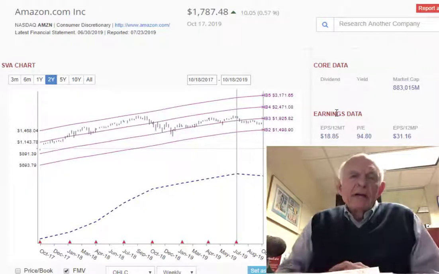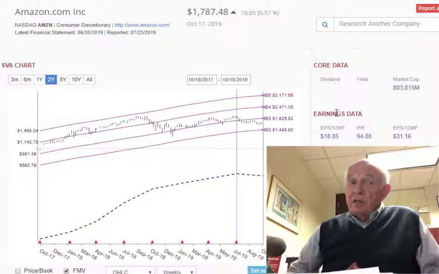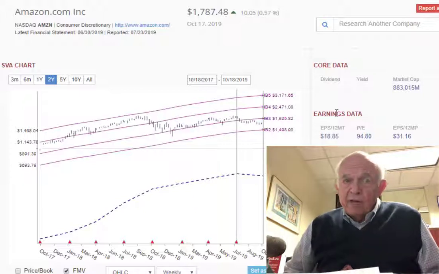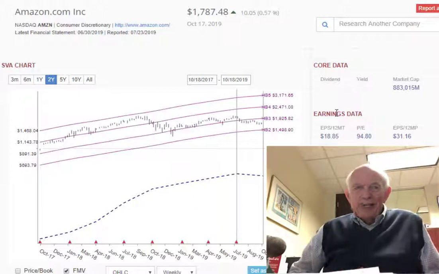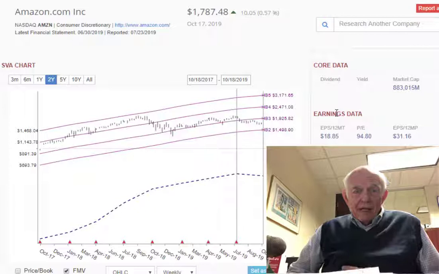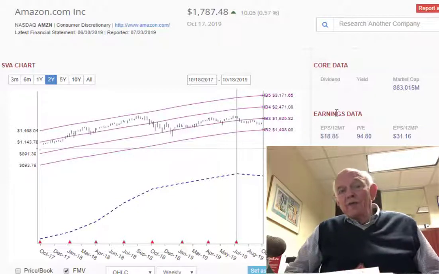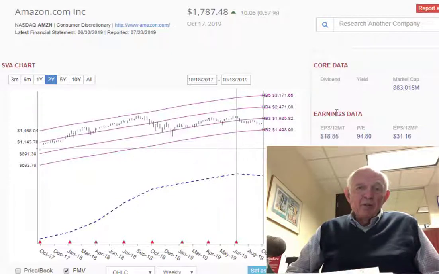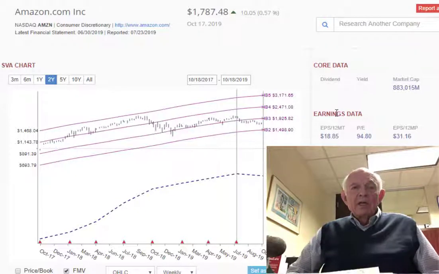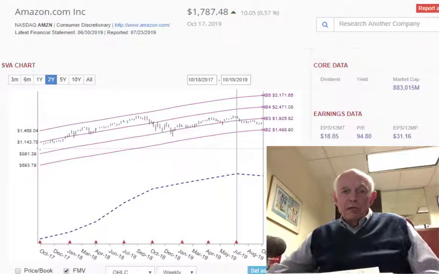We, by the way, have experimented with different ways of calculating this line. We've used the least squares projection. We've used all kinds of stuff. And what we find is that using earnings projections with some AI in our program, which helps to smooth things out, turns out to be about the best projection that we can come up with.